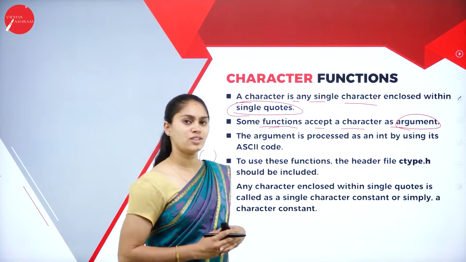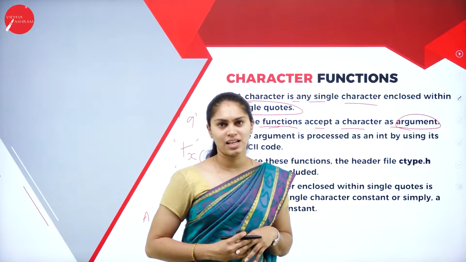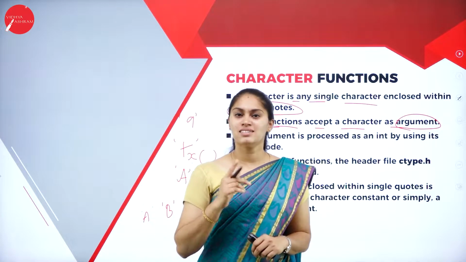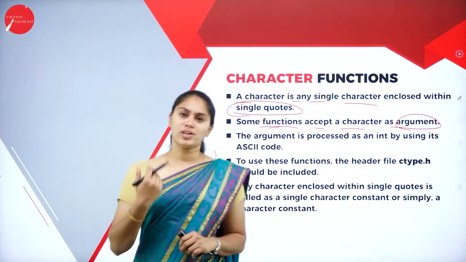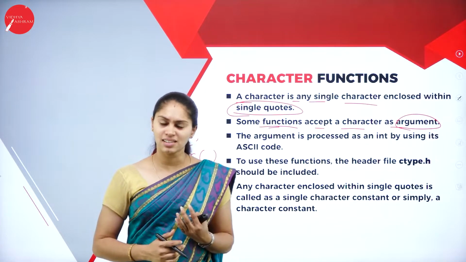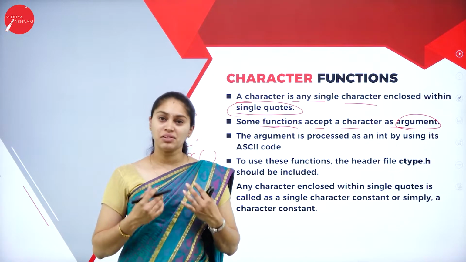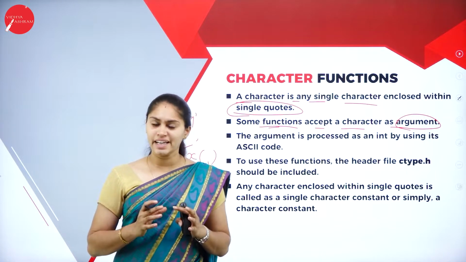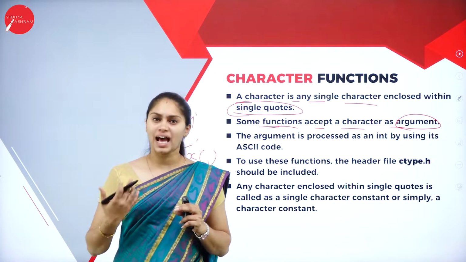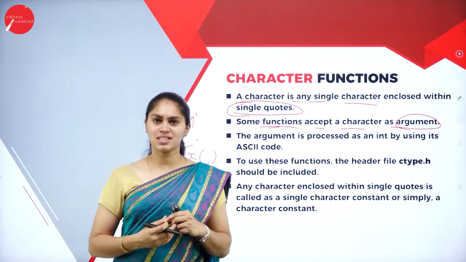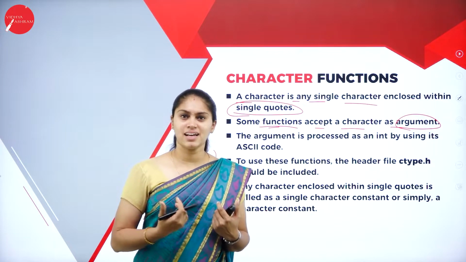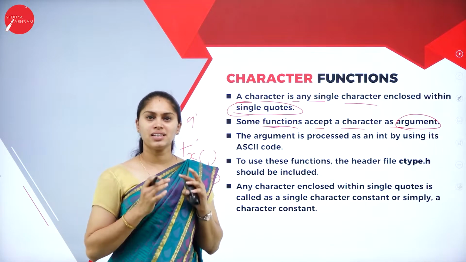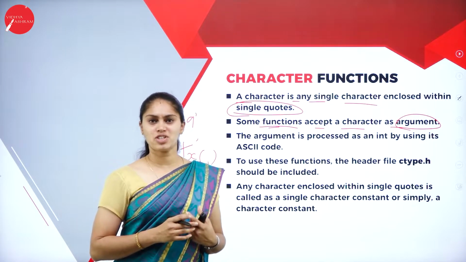And as we all know, the computer understands only Hindi. Is it? No, the computer understands only zeros and ones. So whatever value or character we type, everything needs to be converted into an integer. That integer value has its own ASCII code. Already we have discussed ASCII in the data representation chapter itself. ASCII is the American Standard Code for Information Interchange.